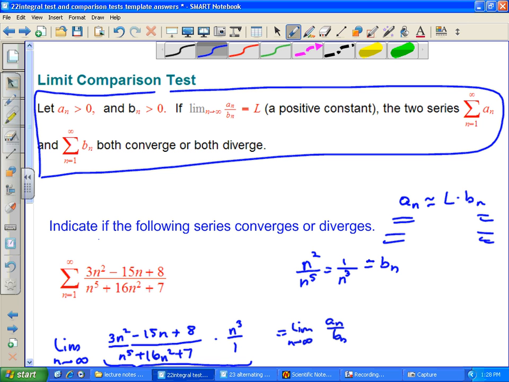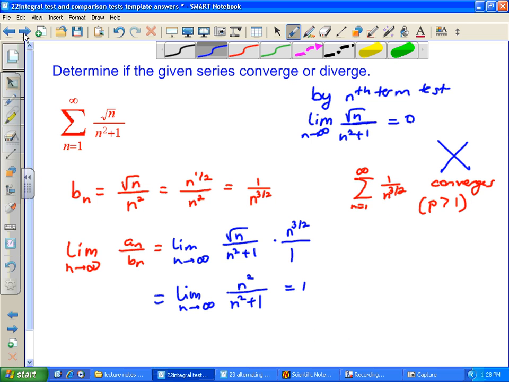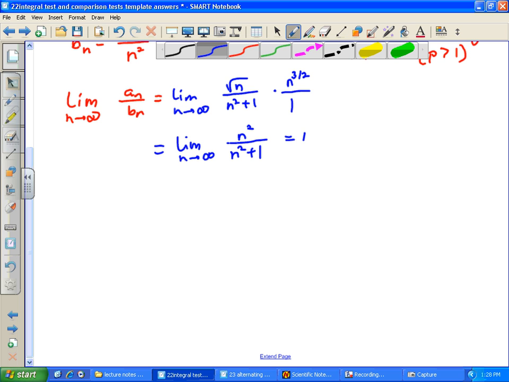By the way, this was for positive series. A sub n is positive and b sub n is positive. So the ratio will always be positive under those circumstances. So as long as it's a finite answer, basically, we're saying that both series will act the same way. So let's put our conclusion then. So by the limit comparison test, this is less than infinity, it's a finite constant, by limit comparison test.